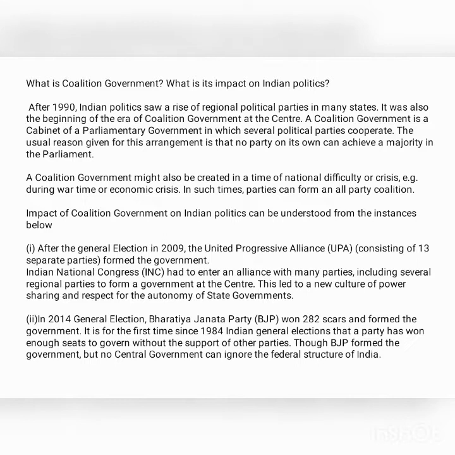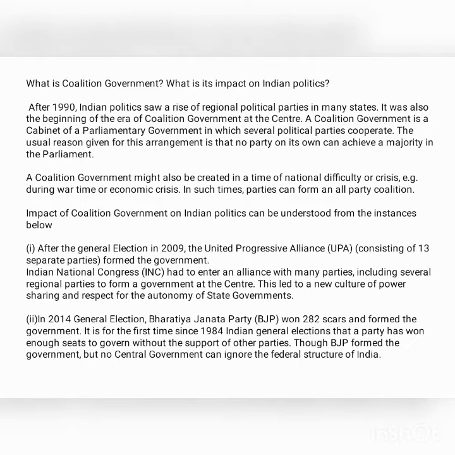So what it insists is that India has completely adopted the federal form of government, in which, whether you like it or not, power should be shared between the center and state.